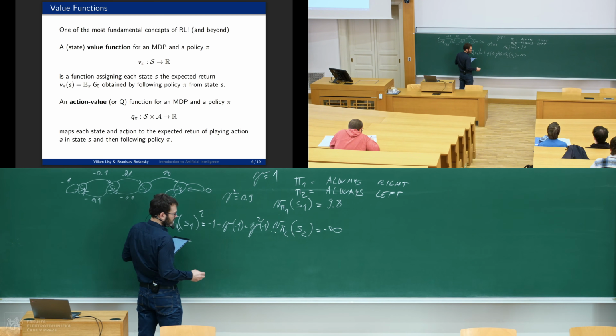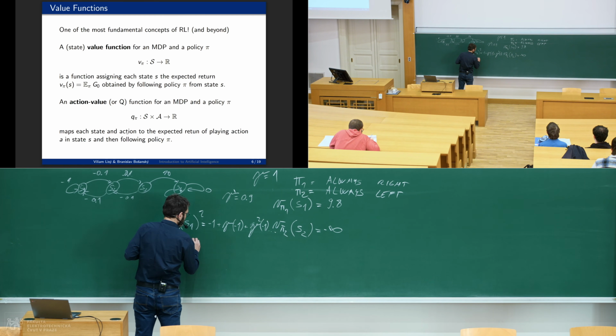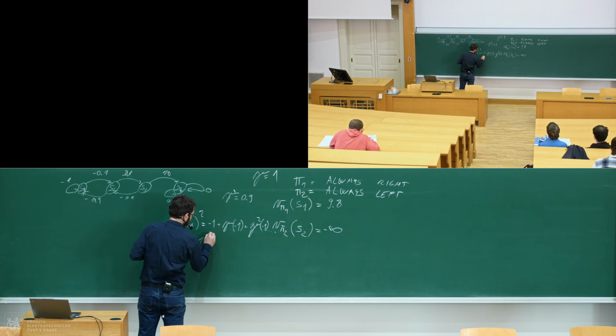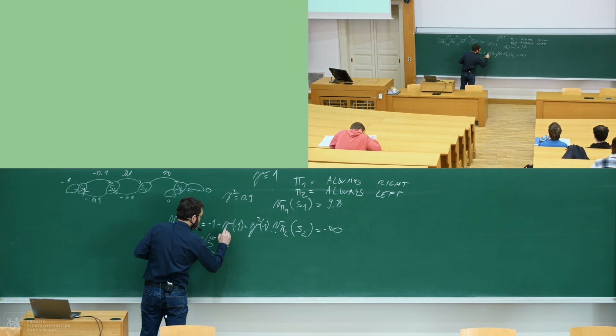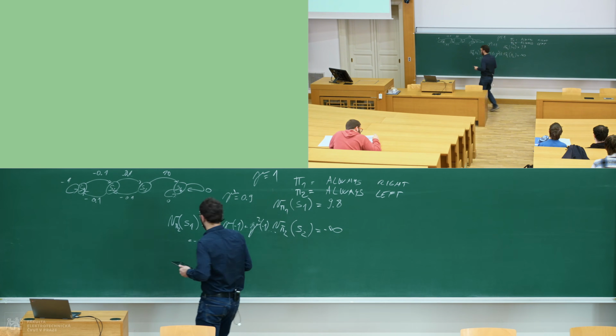Which is minus 1 times the sum from 0 to infinity of gamma to the power of n, right?